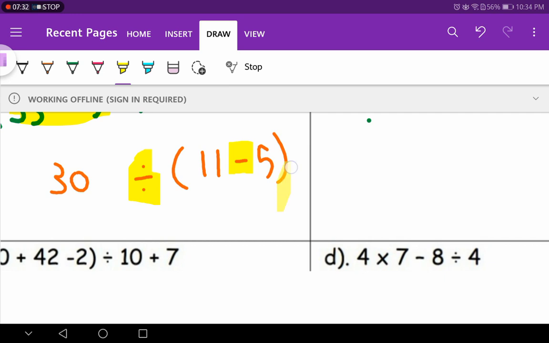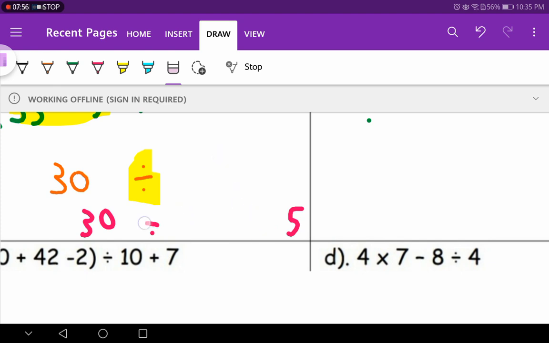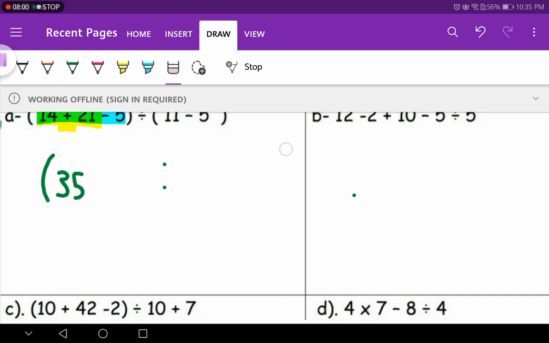But remember, we have brackets here, or parentheses. So 11 minus 5 gives me 6. Now I bring down the rest. What is left? 30 divided by 6 gives me 5, and we are done. So the answer is 5. Are you happy with that?